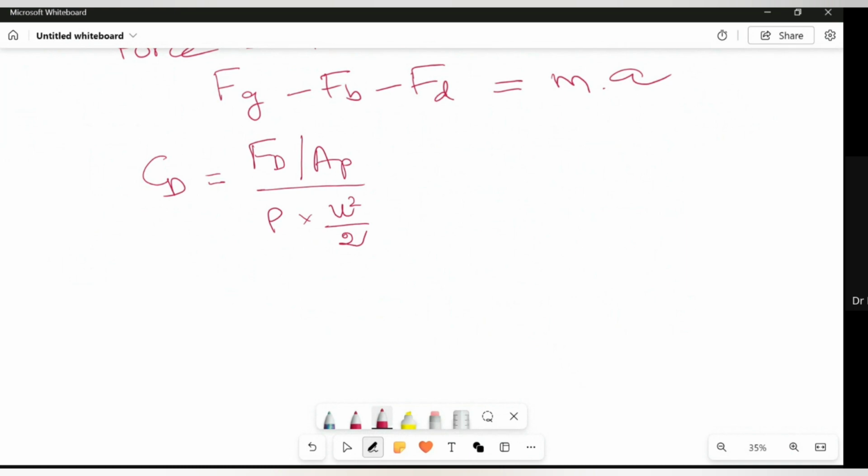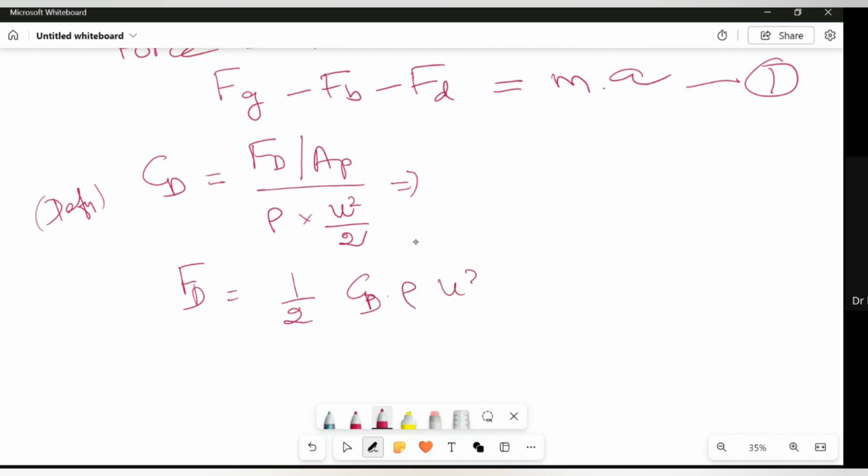Let this be equation number 1. If we rearrange the definition of CD, we can get FD. FD is equal to half CD rho u square into AP.